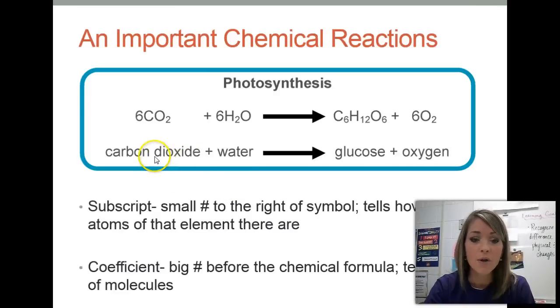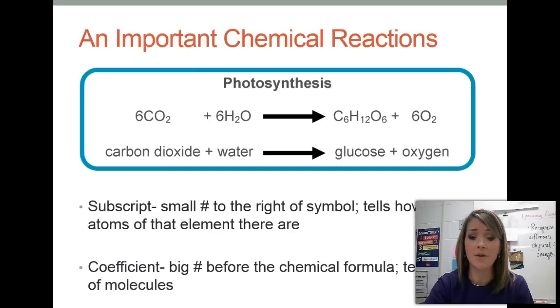Okay, so first of all, here's our word equation. In photosynthesis, carbon dioxide and water are going to react to yield glucose and oxygen. But here's our actual chemical equation.